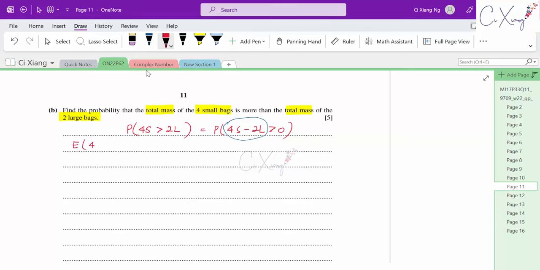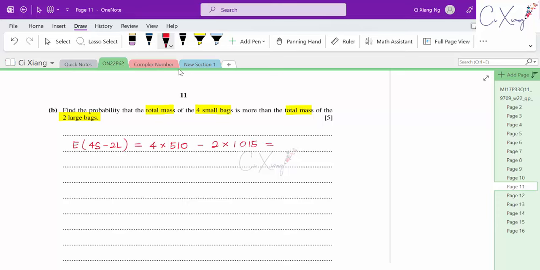Okay, so let us start. First, we need to find the mean for 4S minus 2L. So what is the mean for 4S minus 2L? Again, 4 times the mean of S, the small bag, which is 510, minus 2 times the large one, which is 2 times 1015.